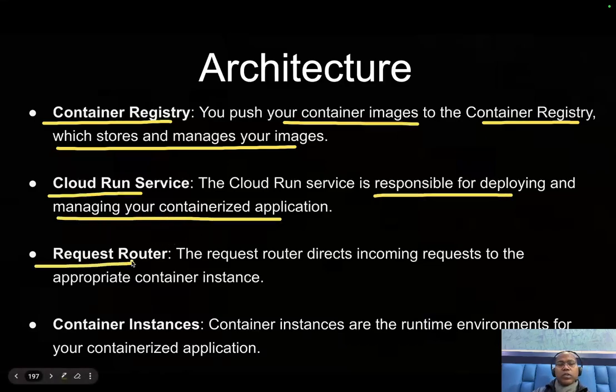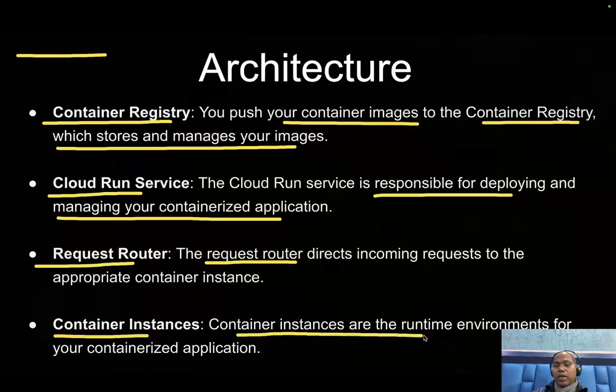And the request router is one component in Cloud Run. The request router is responsible for routing your incoming requests to the appropriate container instances, because Cloud Run can run multiple instances. A container instance is a runtime environment for your containerized application.